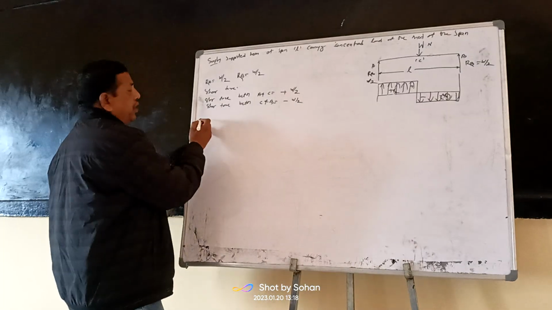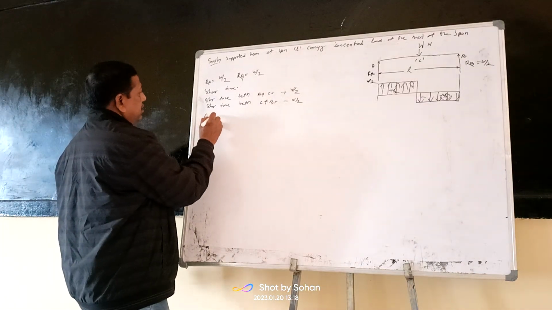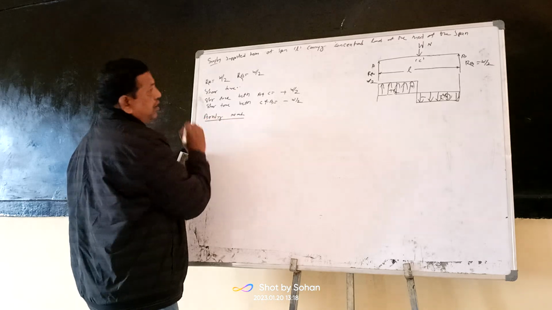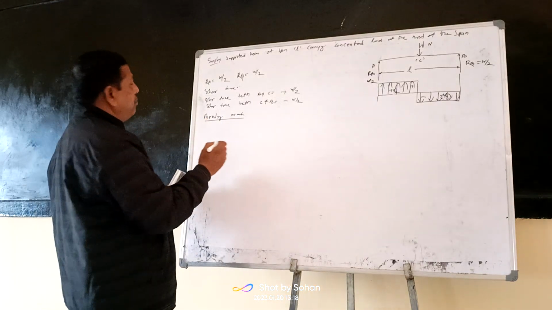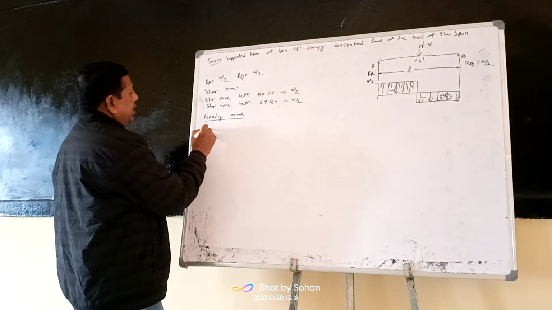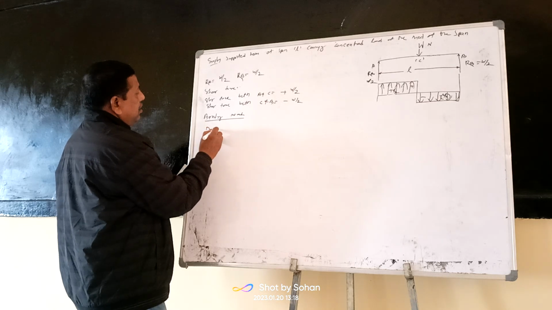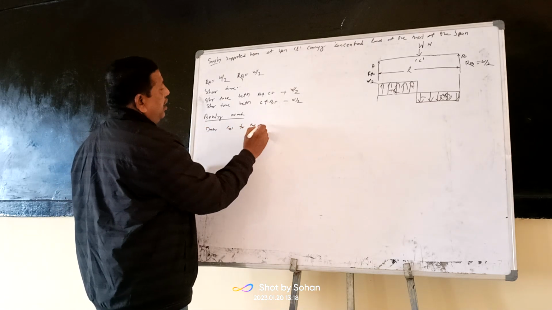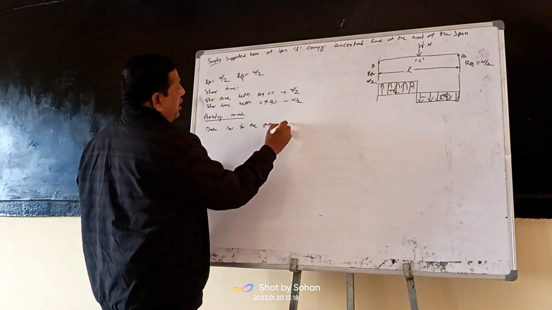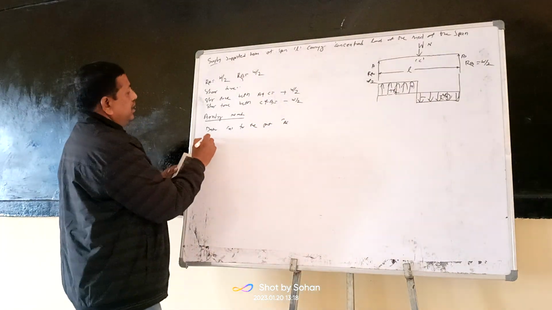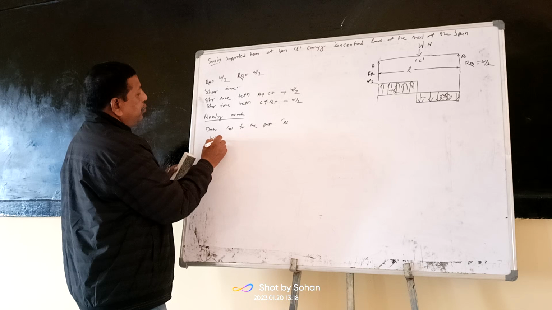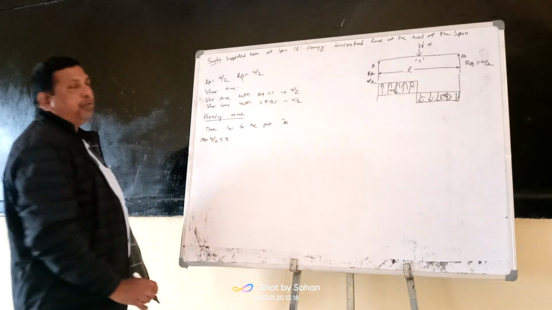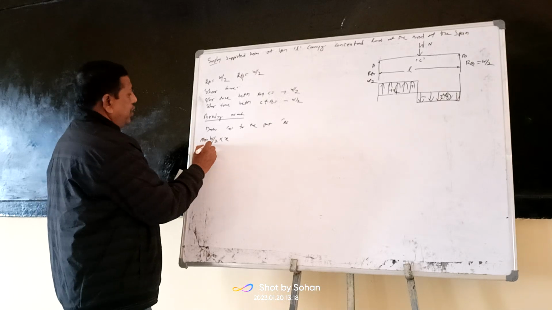Then you have to calculate the bending moment. When we calculate the bending moment, at a distance x from the point A, Mx is equal to W by 2 into x.